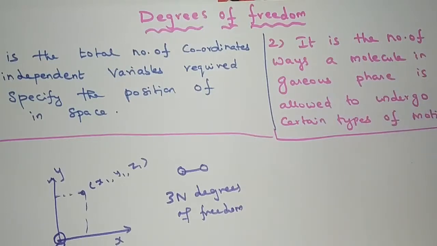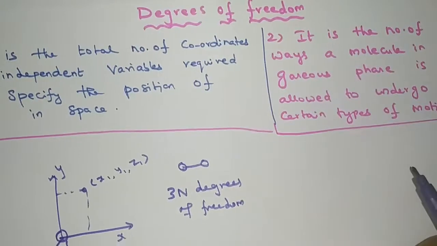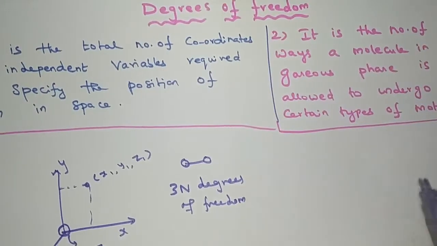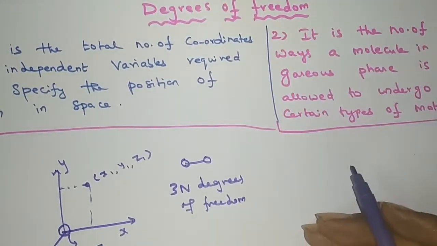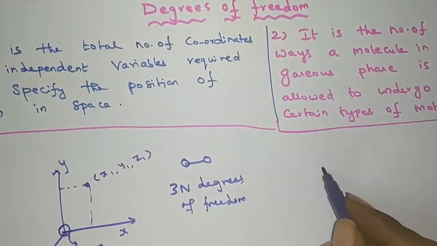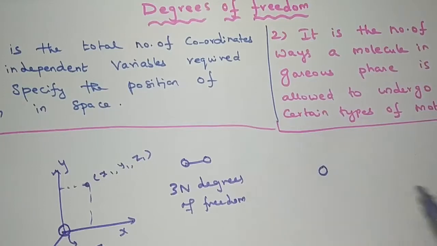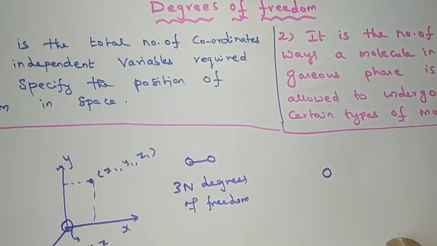That is, a molecule in a gaseous phase undergoes how many types of motion? Let us see. Say I have a monoatomic molecule. I said monoatomic molecule is basically an atom, a single atom.